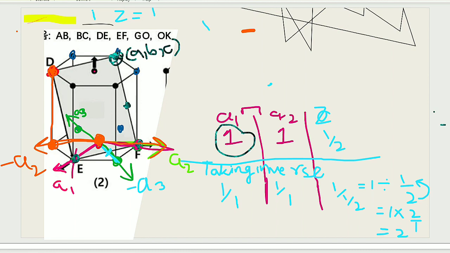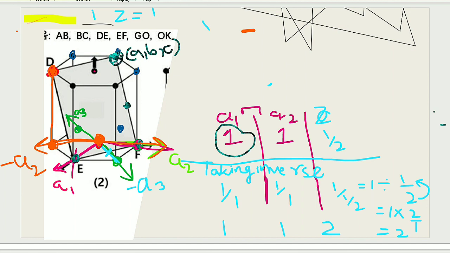After taking the inverse, we get 2 here, 1 for A2, 1, and for Z we got 2 after taking the inverse. And since no fraction is involved, these are the final Miller indices.